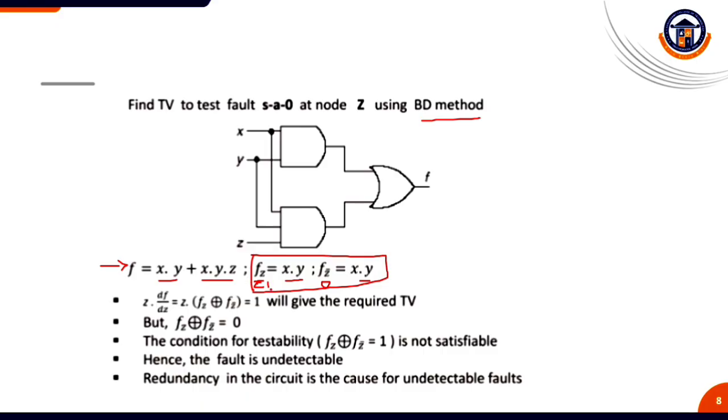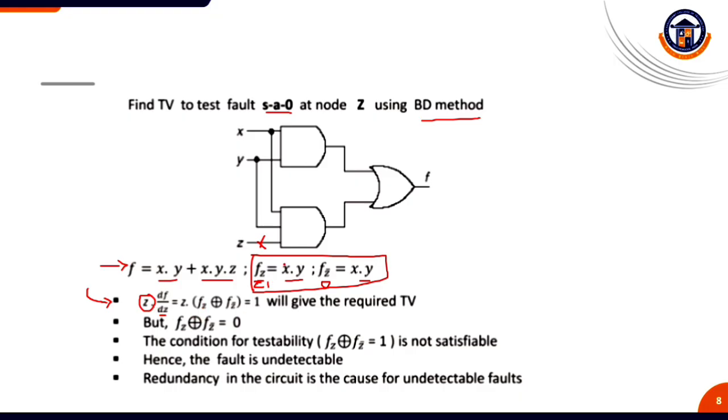Now substitute both values in our main Boolean difference equation, that is z dot df with respect to dz. This is the concept of Boolean difference. Our main objective in this problem is to find the test vector when the z line is affected by stuck at 0, so we multiply the z line value with our difference equation.